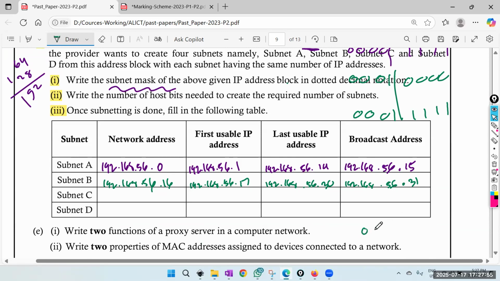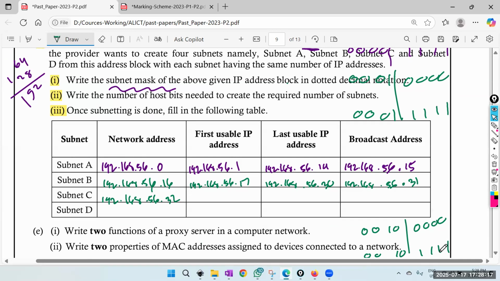Okay. 0010 0000. Last one 0010 1111. What is this? 1, 2, 4, 8, 16, 32. Obviously, it must be one bigger than this. 192.168.56.32.